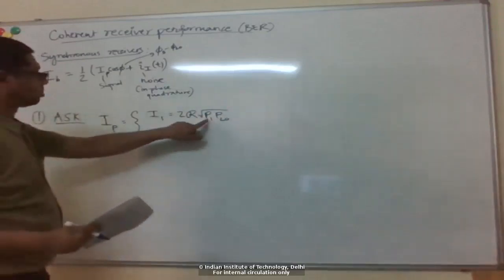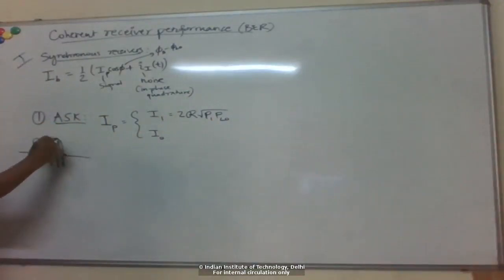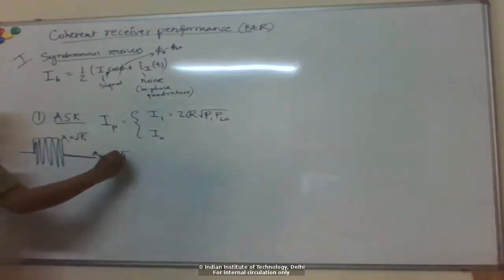So let's say for the ASK modulation format, the amplitude is A1 for bit 1, which is the square root of P1, and for bit 0, A0 is just 0, right?